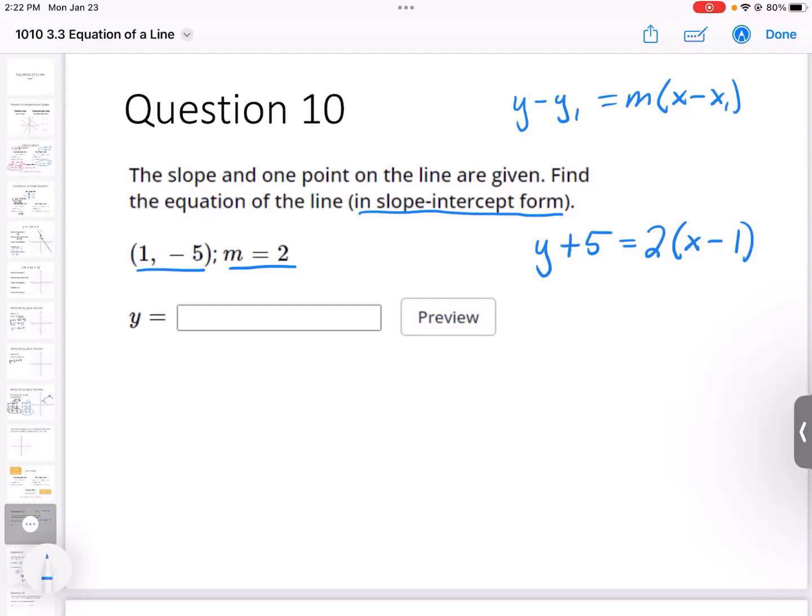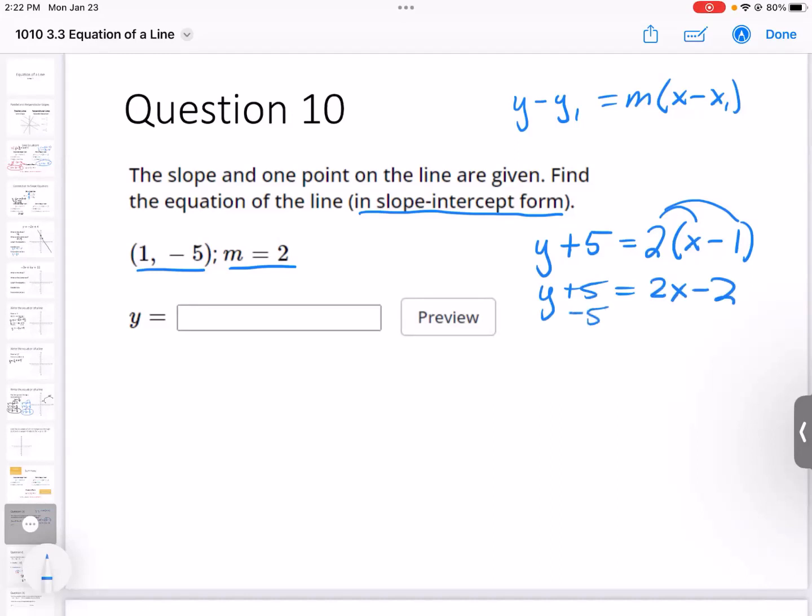But it's not the answer I'm going to type in, because they asked me to write the equation of the line in slope-intercept form, which means I have no parentheses and the y is by itself. So I'm going to convert this to slope-intercept form by distributing the 2 to get rid of parentheses. And that gives me 2x minus 2 on the right-hand side.